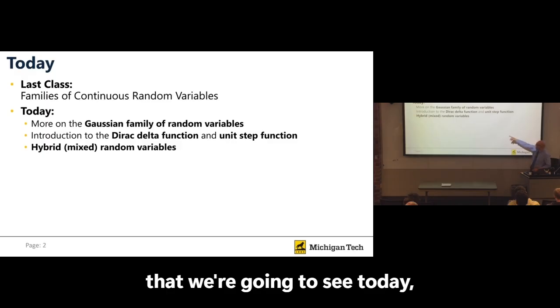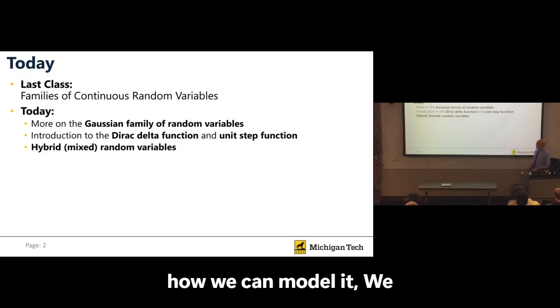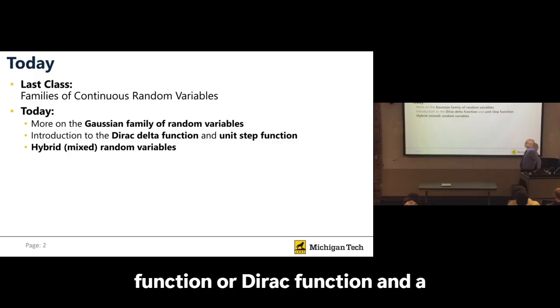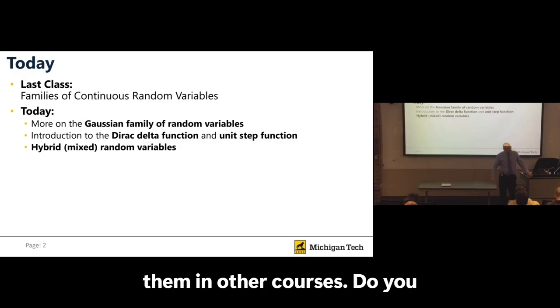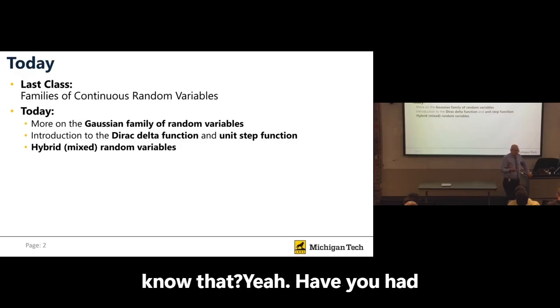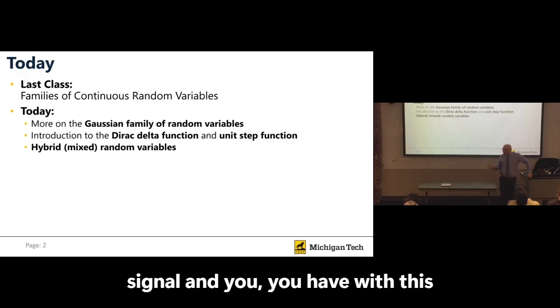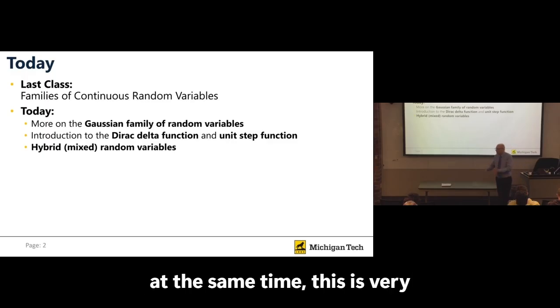We need to see what the delta function or Dirac function and a step function are. Probably you know them from other courses. Have you had signals? Yes, this is very related.